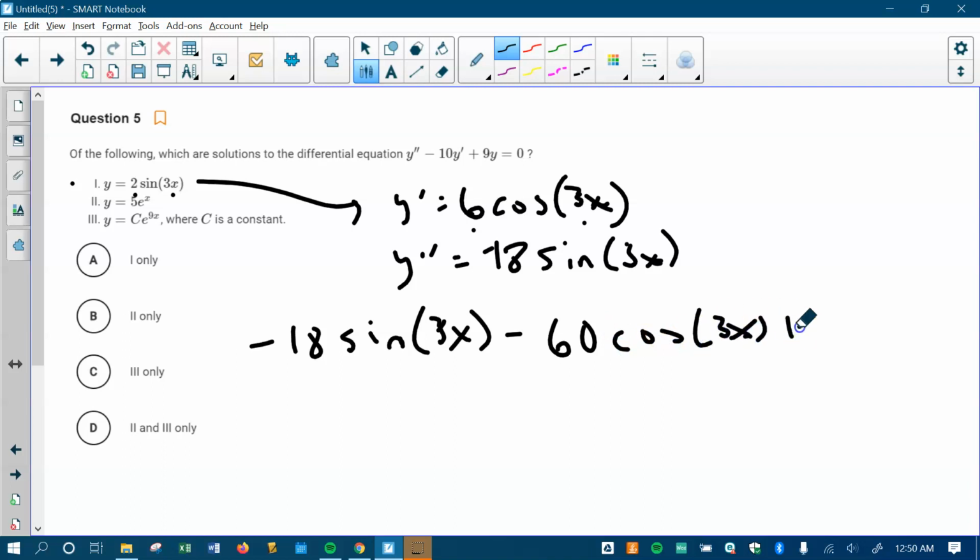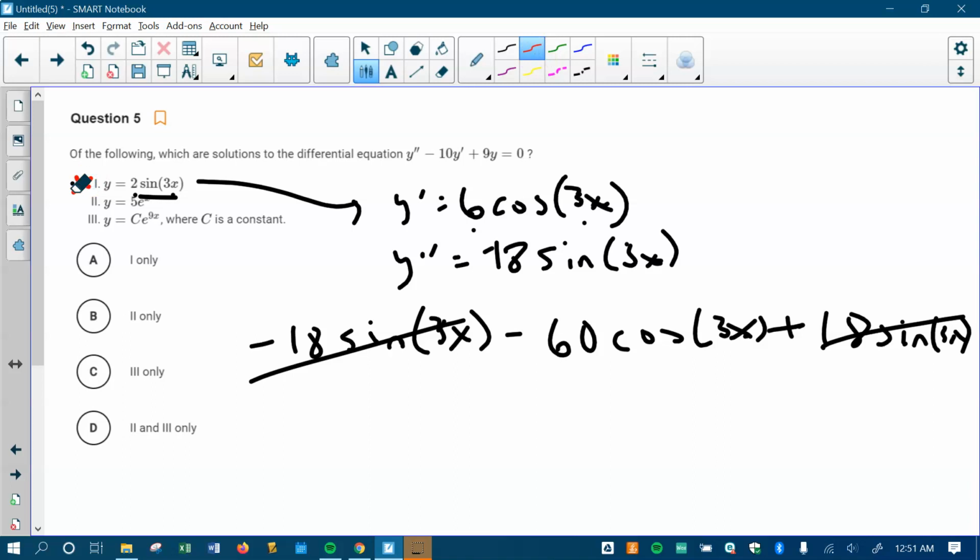And then plus 9 times 2 sine 3x, because y is 2 sine 3x. So plus 18 sine 3x. Does this equal 0? Those cancel, but that middle part is not equal to 0, so 1 is a big no.